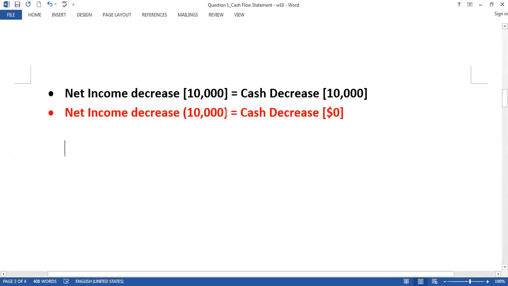So net income $10,000 already decrease, okay? But cash does not decrease. How to make it equal? Plus, okay, very good. Plus $10,000. So if we do these kinds of things, it will help us to make it equal.